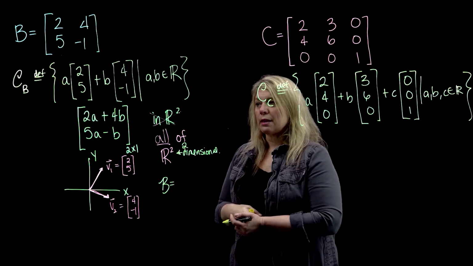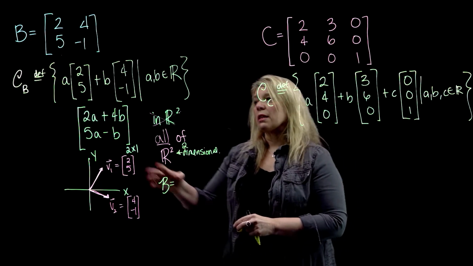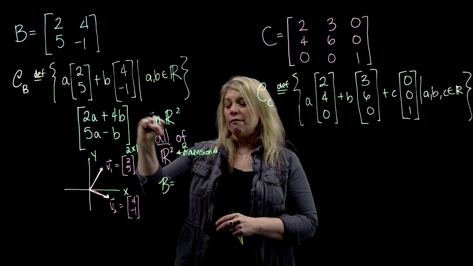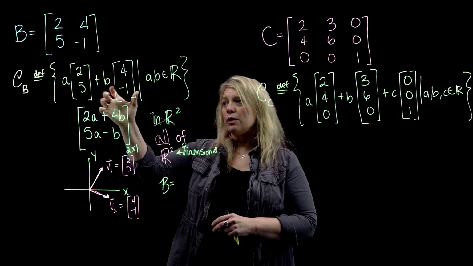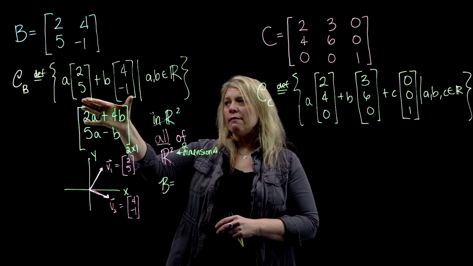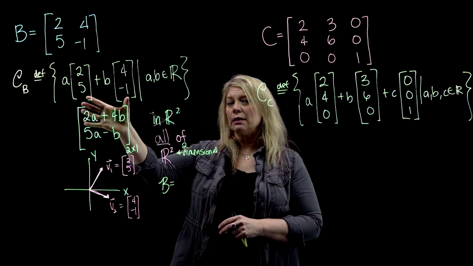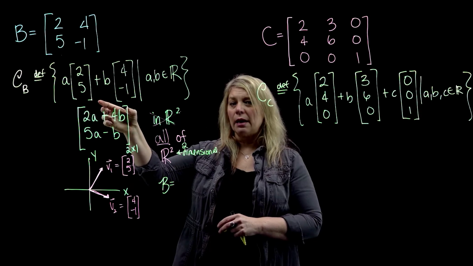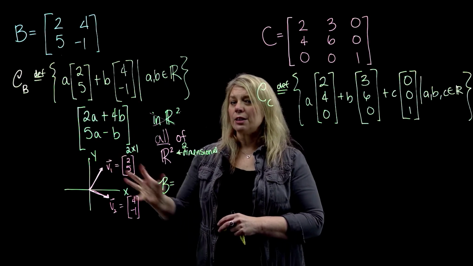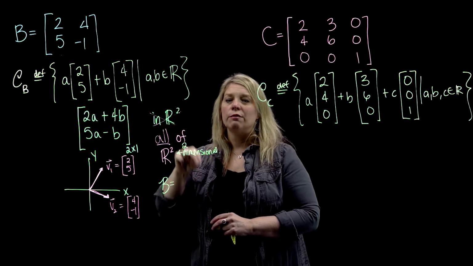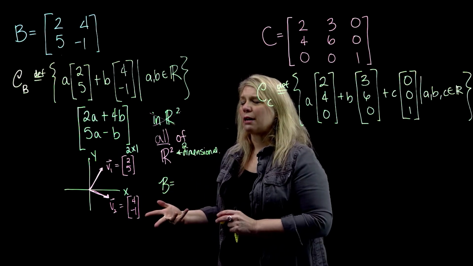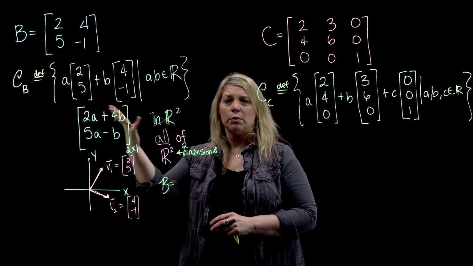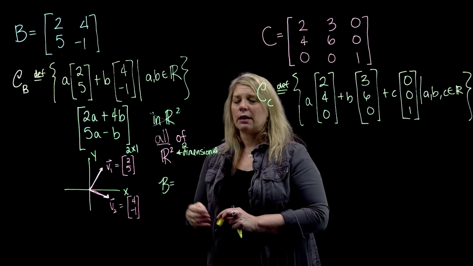There are a couple of ways to think about that. You might start with the 2 vectors we started with, 2, 5, and 4, -1, which are pretty clearly linearly independent. Remember, it's pretty easy to check if you have only 2 vectors whether they are linearly independent or not. They're not scalar multiples of each other, so they are linearly independent.